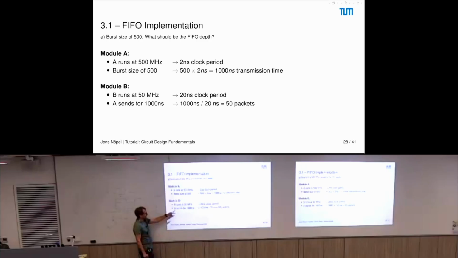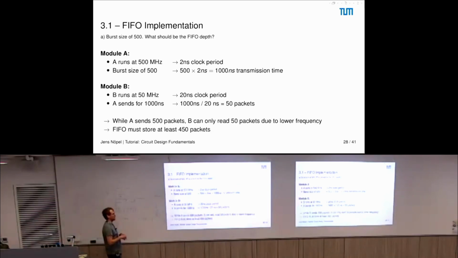We know A sends for 1000 nanoseconds, so we divide this by 20 nanoseconds, which is how long receiving one packet takes, and we end up with 50 packets module B can receive during the time module A sends out the burst of 500 packets.